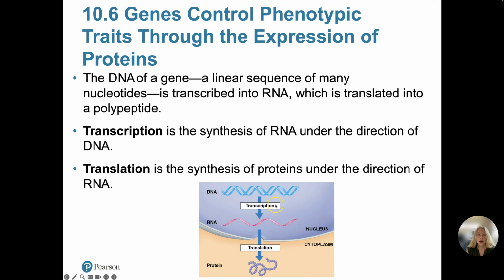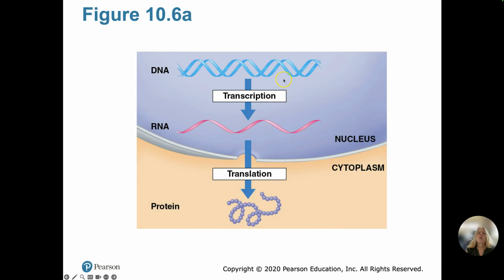So this first step, transcription, is the synthesis of RNA under the direction of DNA. And this second step, translation, is the synthesis of a protein polypeptide under the direction of RNA. So DNA holds the gene, it holds the initial information.